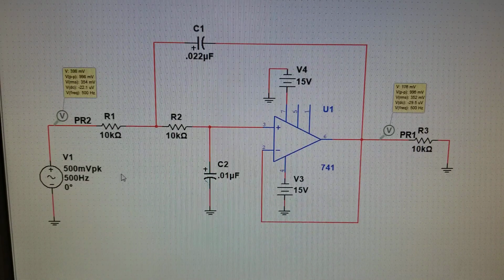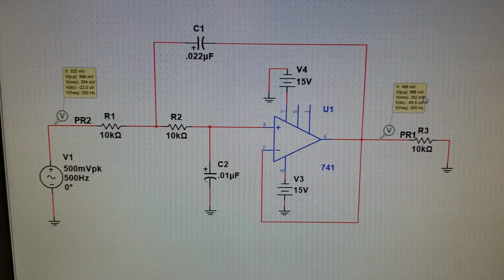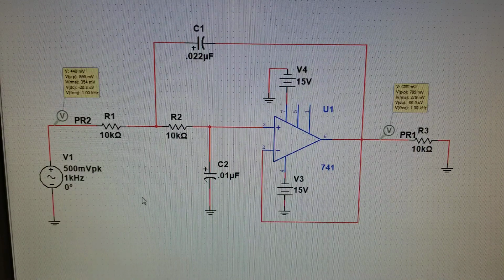So now with an input frequency of 500 hertz, see that our input voltage is at 1 volt and our output voltage is also at 1 volt. So we now have a 1 kilohertz input frequency.